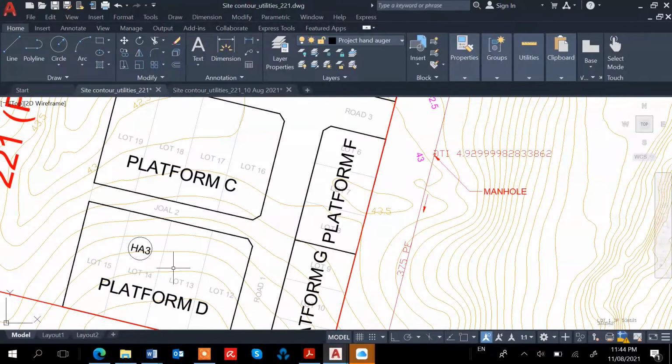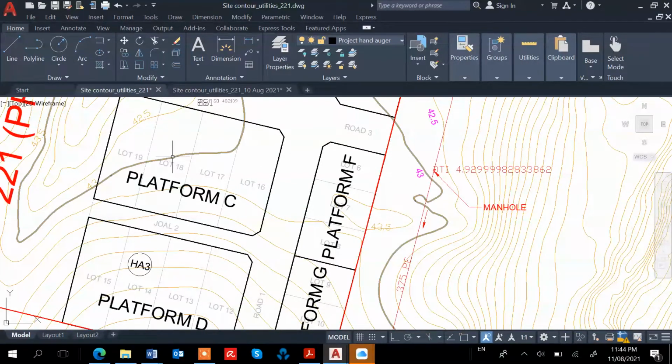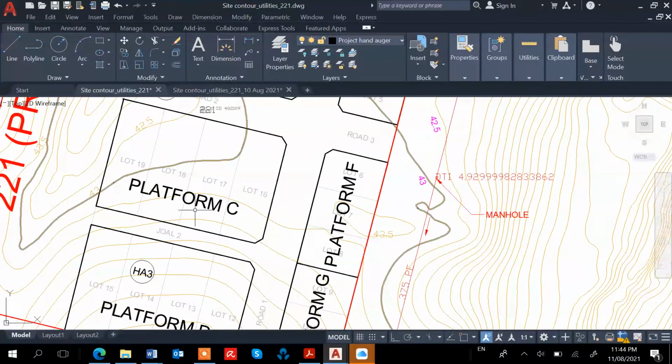For example, if platform D is 46 and this one is 43, then there'll be a drop in platform level from D to C of 3 meters. Then we need to introduce a retaining wall.